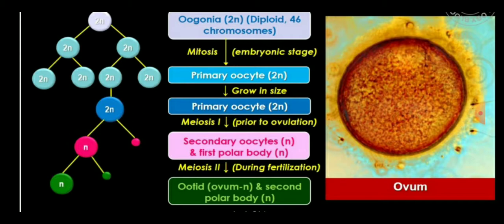Then in the meiosis division, the secondary oocyte and first polar body form. In the second meiotic division, polar bodies are formed, and the ovum is formed. So the ovum is retained and all the polar bodies degenerate.